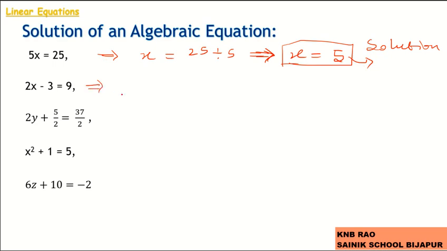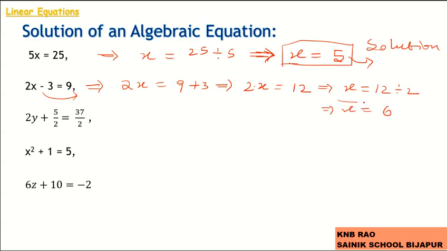Similarly, we can solve this also by transposing minus 3 first. So, 2x equals 9 plus 3. This subtrahend, if it comes this side, becomes an addend. Later 2x equals 12, simplification of 9 plus 3, and x equals 12 divided by 2, because this 2 which is multiplying, if it comes this side, does division. It implies x equals 6. This is the solution of the given equation 2x minus 3 equals 9.